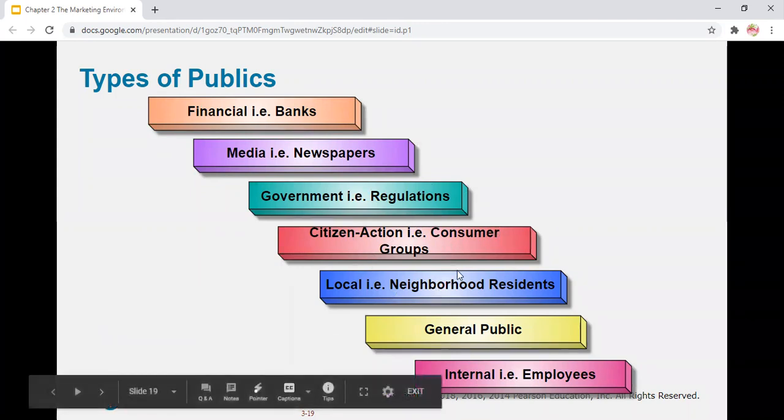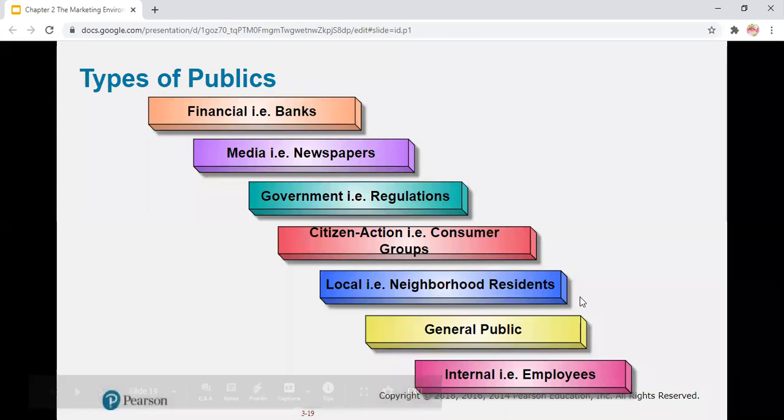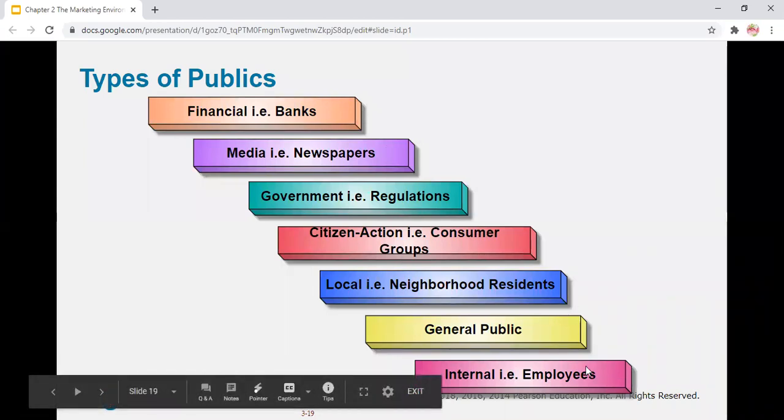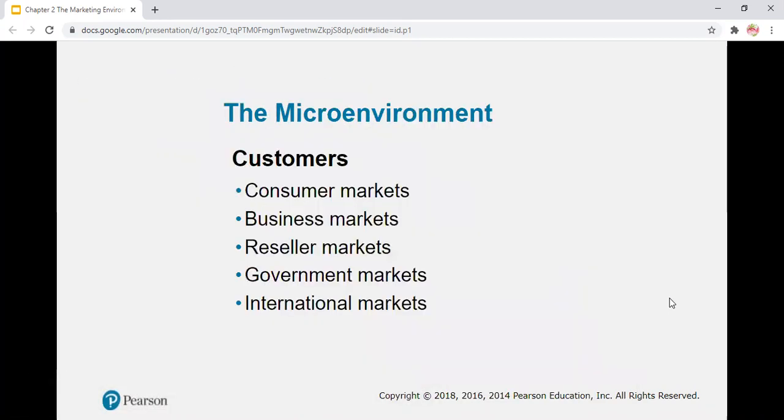Local, for example, the neighborhood residents, and the general publics. And the internal, for example, the employees. So I made it clear for your question? Yes, thank you. Okay, great.